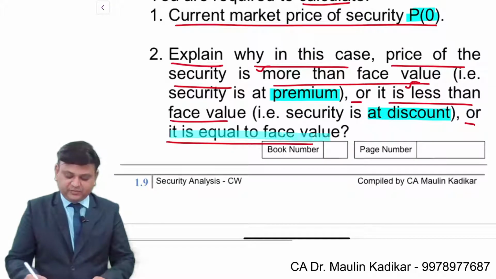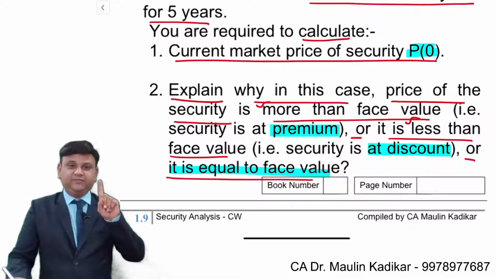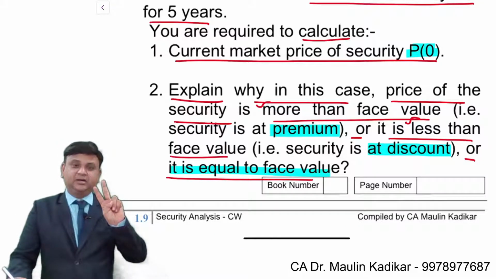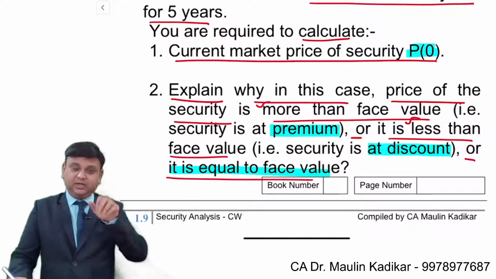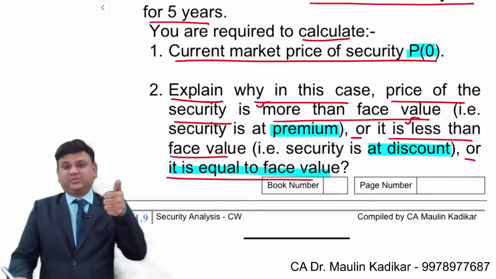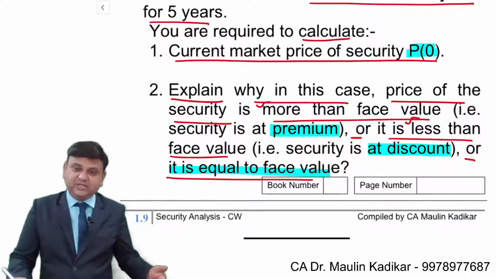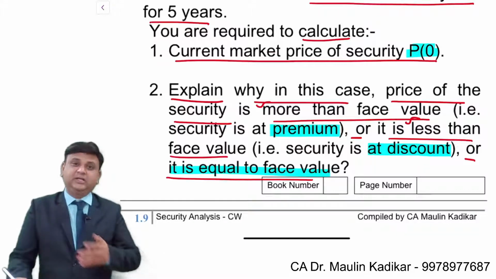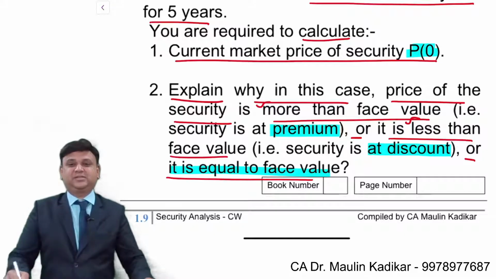At that point of time we had given a reason. If the redemption value is equal to the face value and the rate of interest is equal to the investor's required rate of return, the price will be equal to the face value. Now this time redemption value is equal to the face value, the price is equal to the face value, then the return will be equal to the rate of interest.